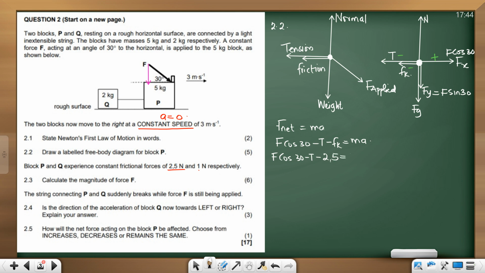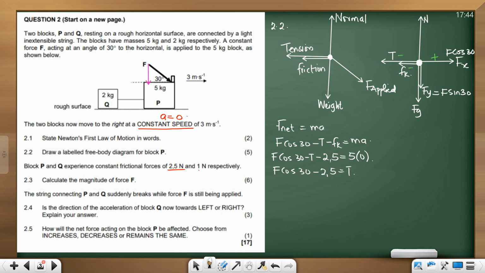Mass is 5 and the acceleration is 0. Oh, so what do we know? F cos 30 minus 2,5. That's my tension. We are stuck there because we have two unknowns.